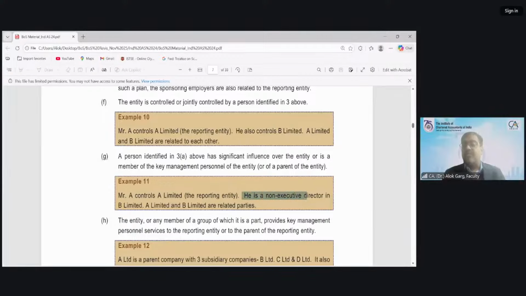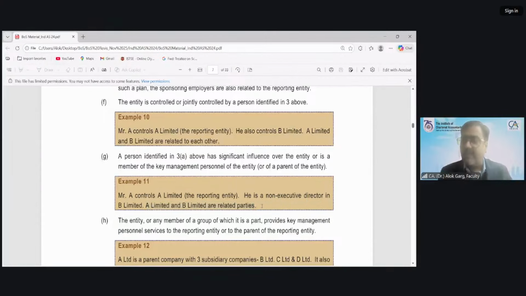Mr. A is also a director in B Limited. So in A Limited, Mr. A is having control. In B Limited, Mr. A is a KMP. So A Limited and B Limited both are related parties.